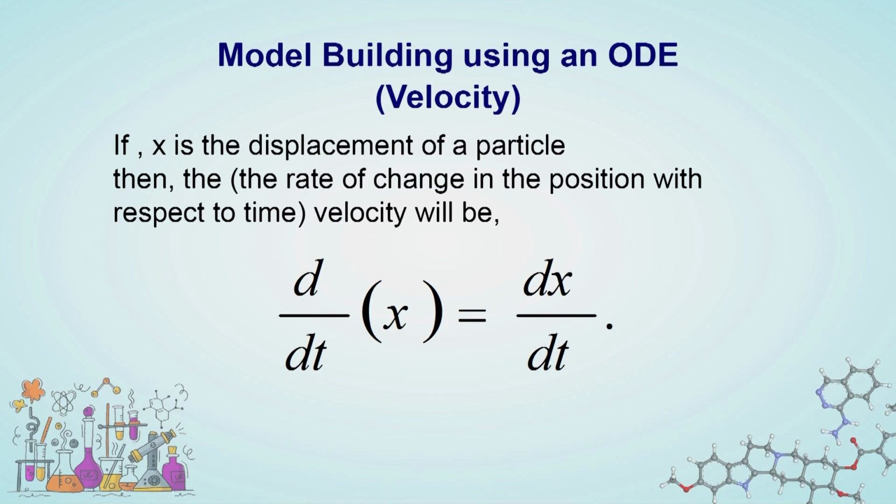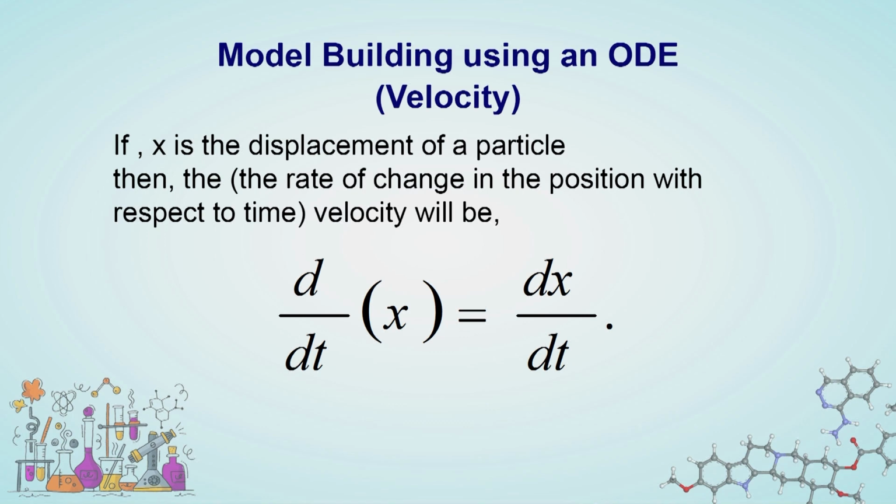What is this actually? Actually this is measuring the rate of change of the position of x with respect to time t. It means d by dt, with x measured, the rate of change in x with respect to time t.